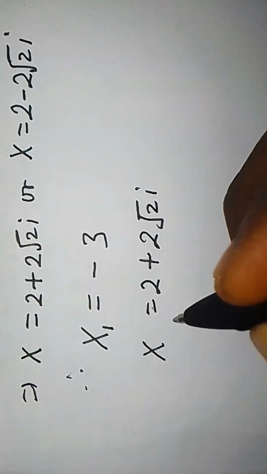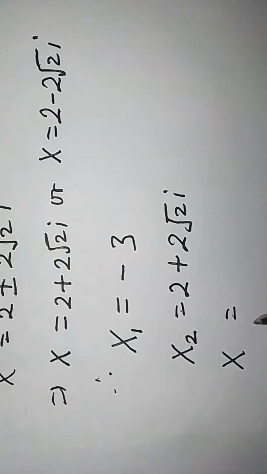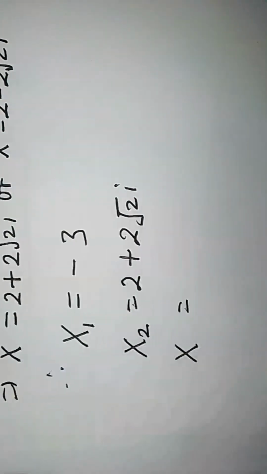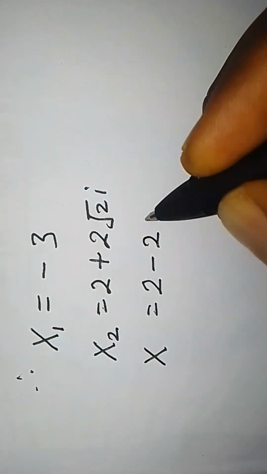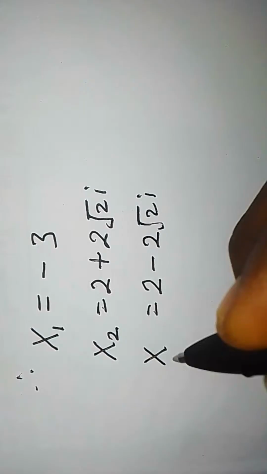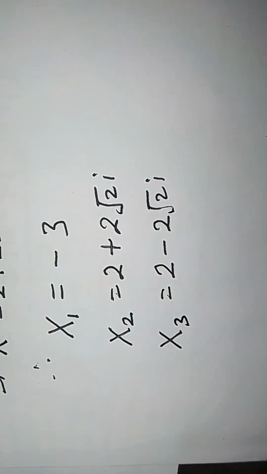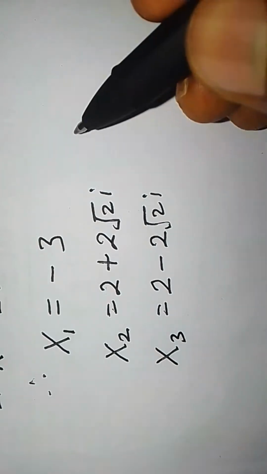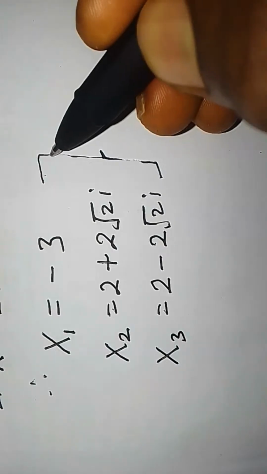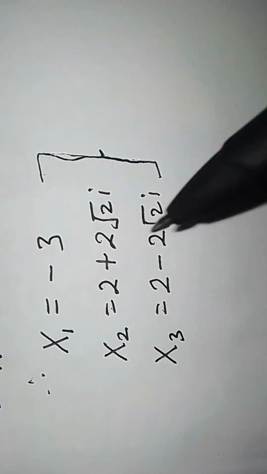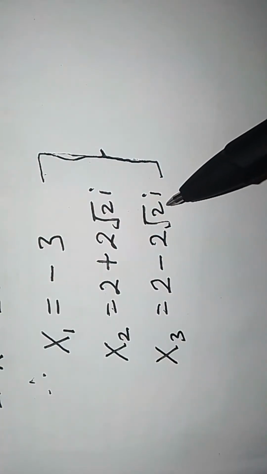And the third solution, x equal to 2 minus 2 root 2i. You will see that we have 3 distinct solutions for this algebraic equation: 1 real solution and 2 complex solutions.